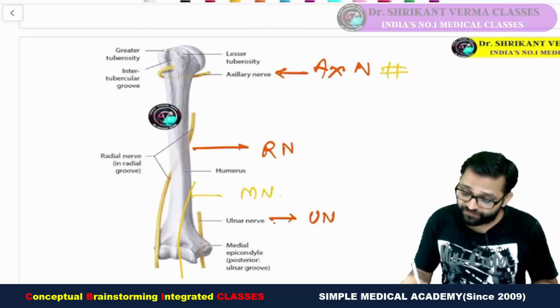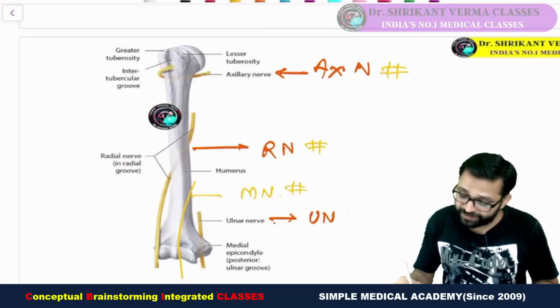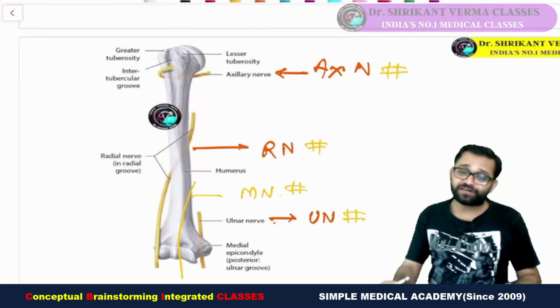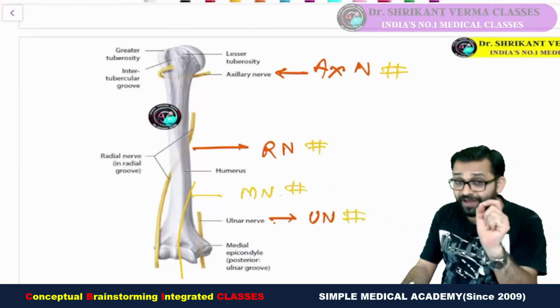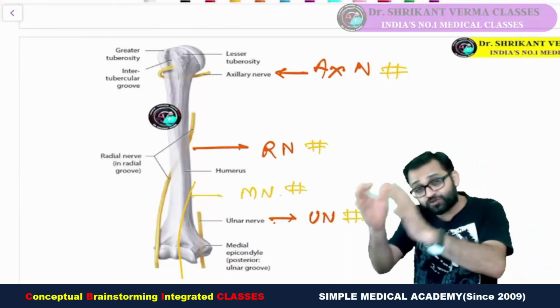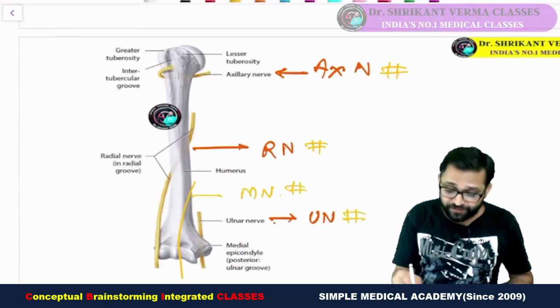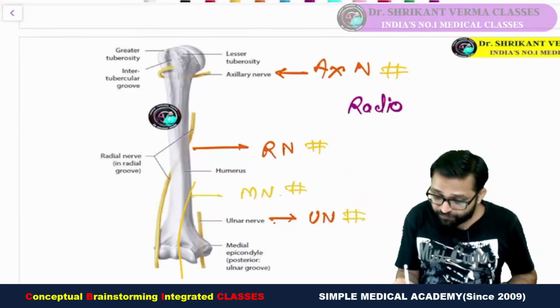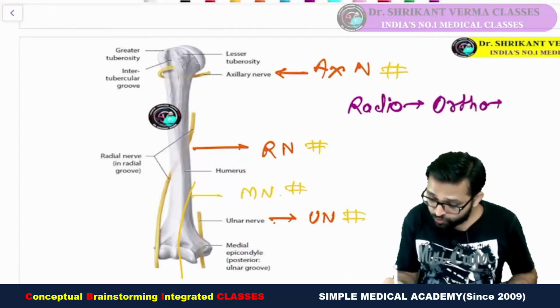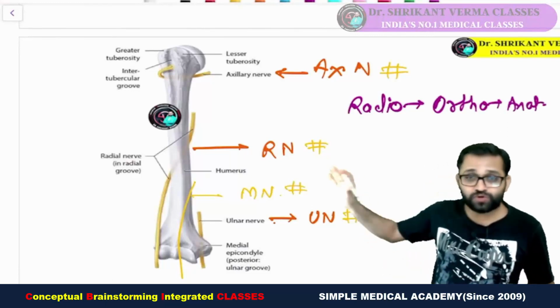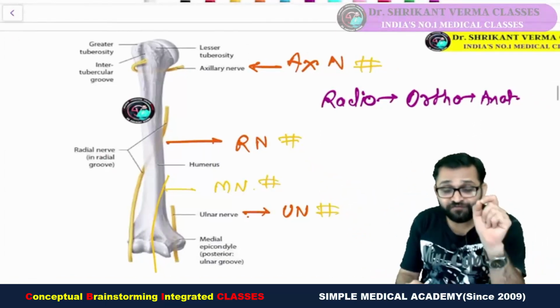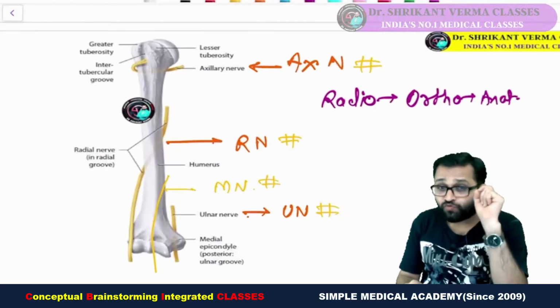So these get fractured in different situations. The question will be asked with radiology integrated with orthopedics, and then the question will ask about the anatomy. So that will be the pattern. The question will jump from radio to ortho to anatomy. So don't leave this question for FMG 2022, December.